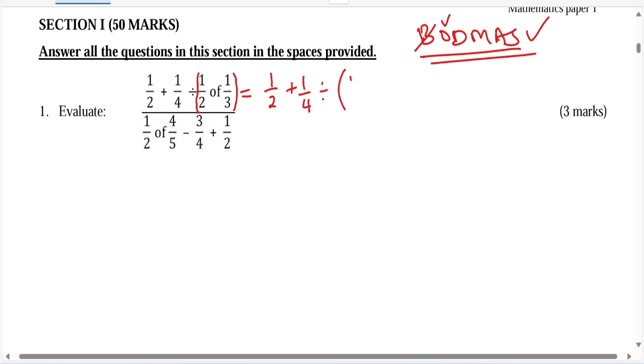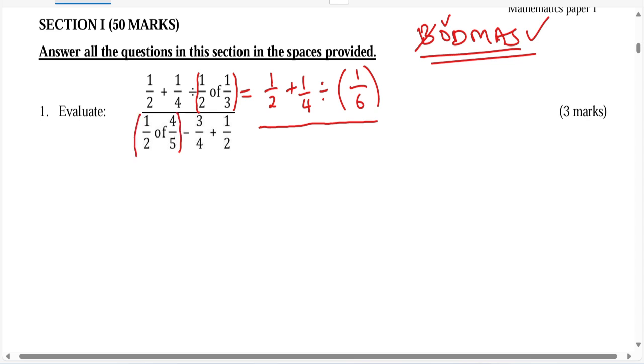And a half of a third ni sawa tu na kusema half times a third, but we multiply. So therefore half of a third is just basically, what is it? 1 times 1, 1. 2 times 3 is 6. So 1/6.